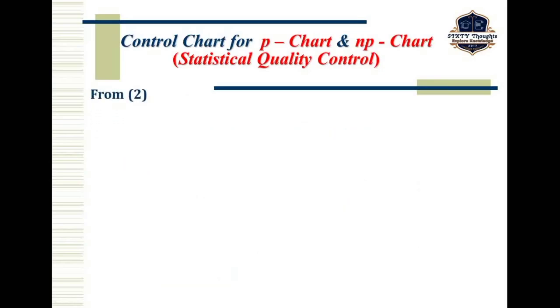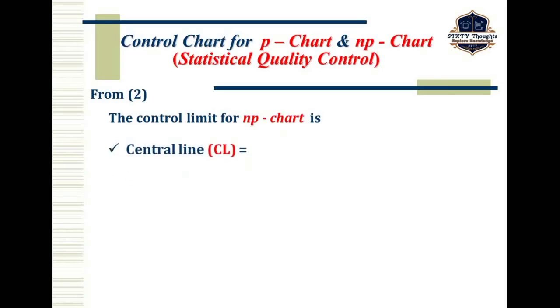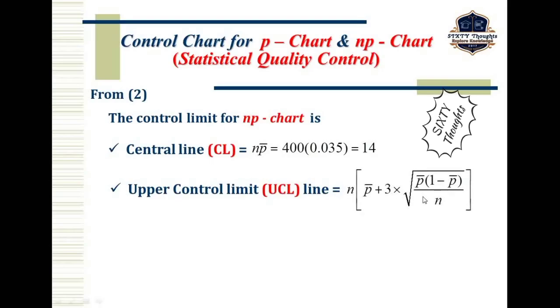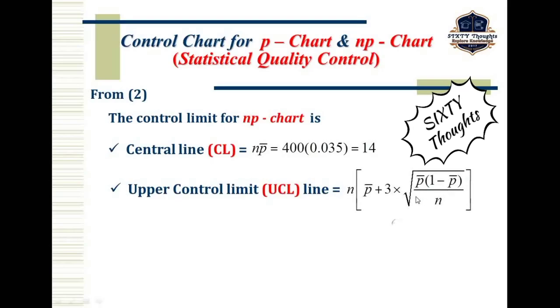So now equation 2 can be written as: the control limit for the NP chart is central line N P bar. We know the N value is 400 and the P bar value is 0.035. Multiply this expression, we get 14. Next we find the upper control limit line, that is N into this term, substituting the P bar answer 0.035. After simplification we get 24.8.